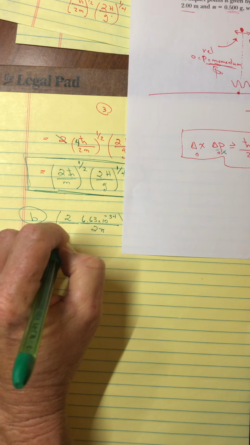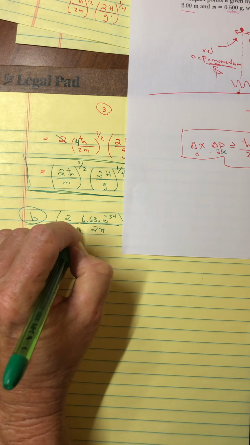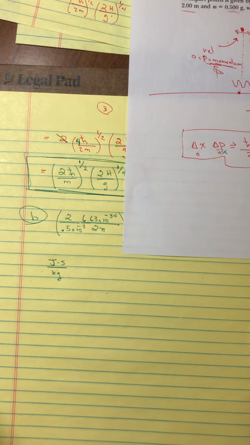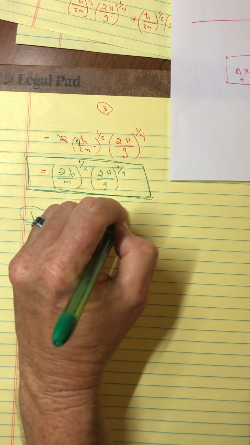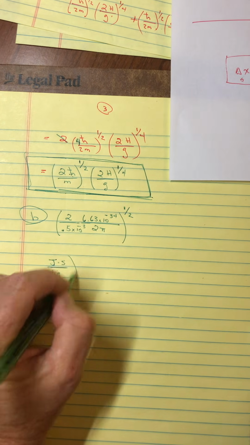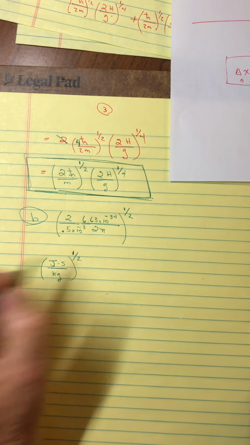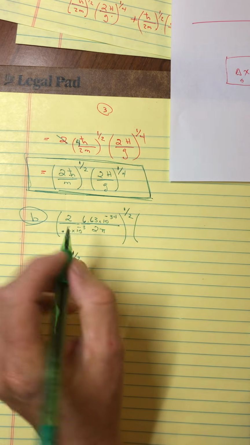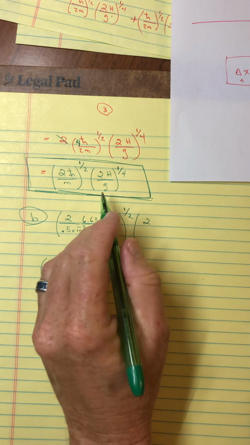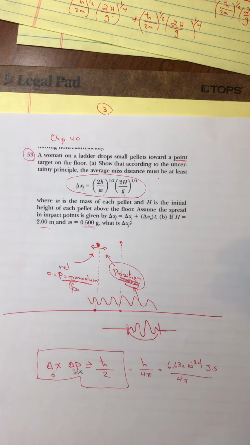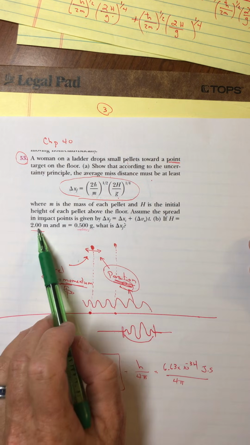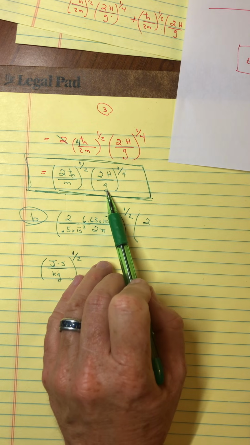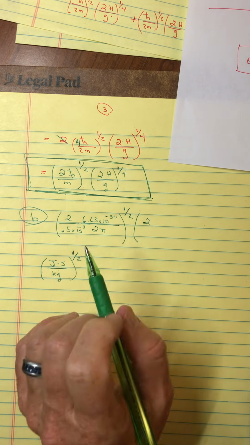So this would be 0.5 times 10 to the minus 3 when I put it in units of kilograms. Now, of course, all of this is raised to a factor of 1/2, so are the units. And then over here, the height is a 2, and I probably got to watch my units. It looks like they gave me height in meters, so that's probably pretty good. I can leave it in meters, especially knowing that I'm going to divide by g, which I'm going to use the standard 9.8 in meters here.